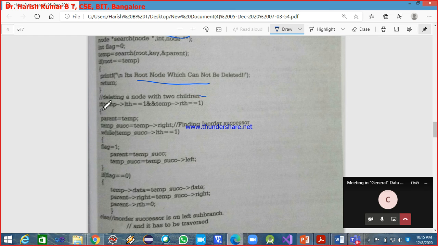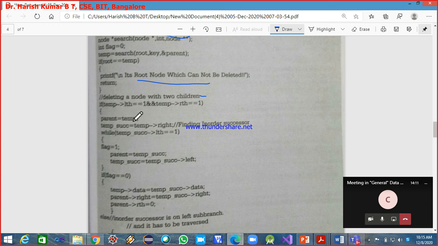Now how do we do that? So temp arrow LTH is equal to 1 and temp arrow RTH is equal to 1. We have the boolean value LTH and the boolean value RTH. If both of them are 1, what does it mean? The node which you are trying to delete has two children. Now, parent is equal to temp.